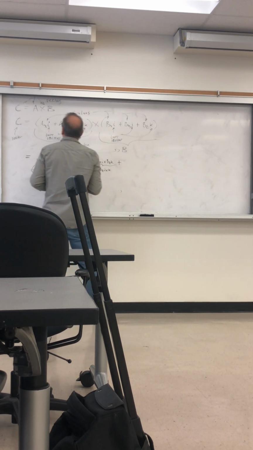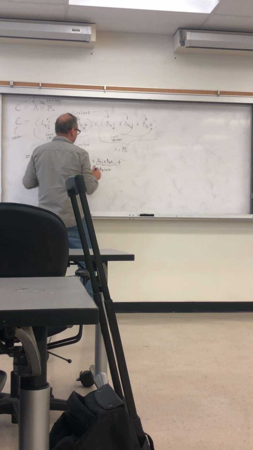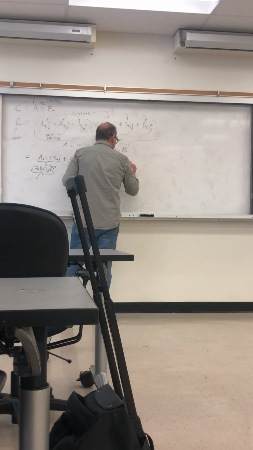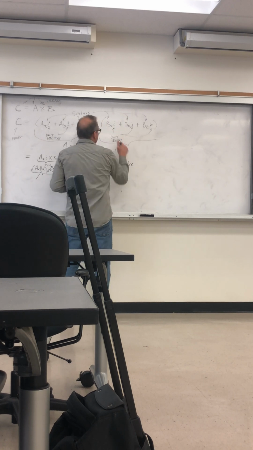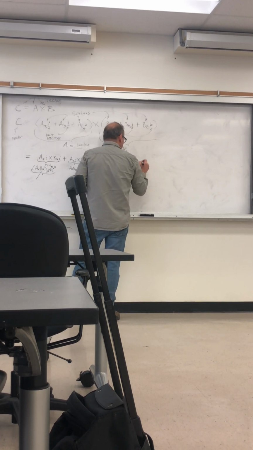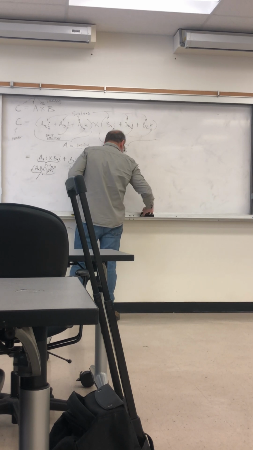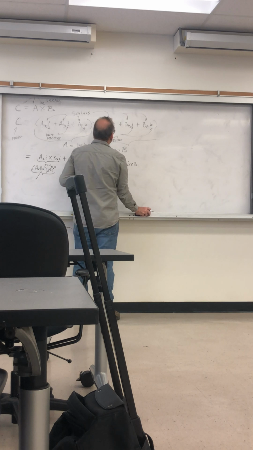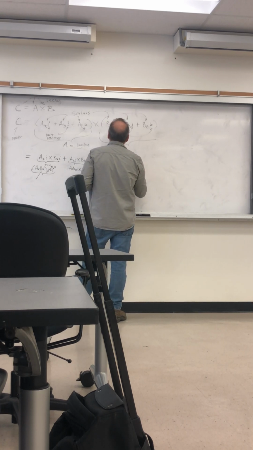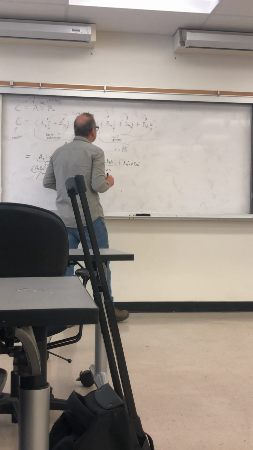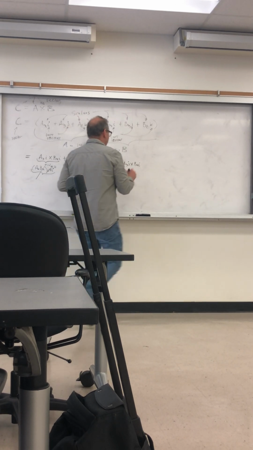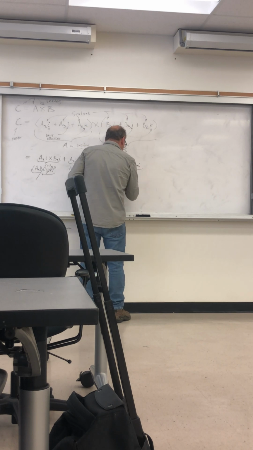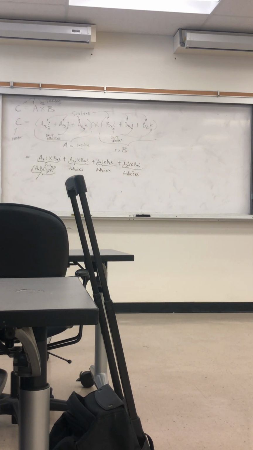Plus, let's keep going. Now I'll start with a sub y j cross b sub x I: a sub y, b sub x, j cross I. See, j cross I, that's going to be not a k but a minus k.